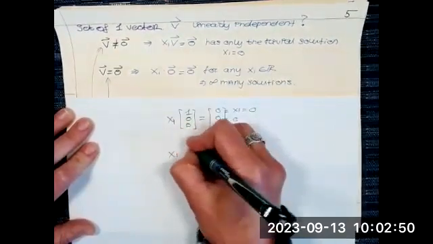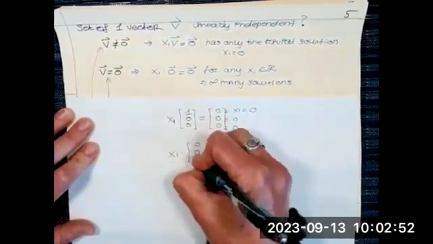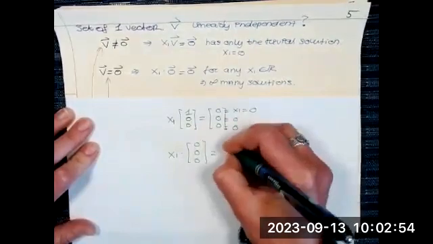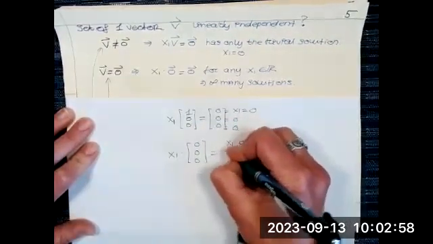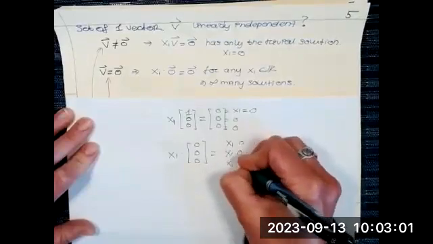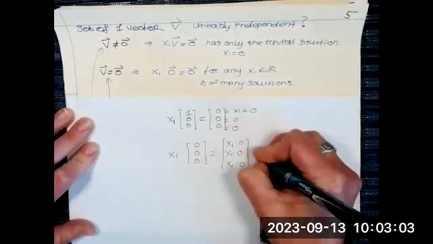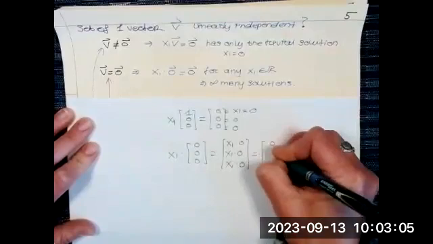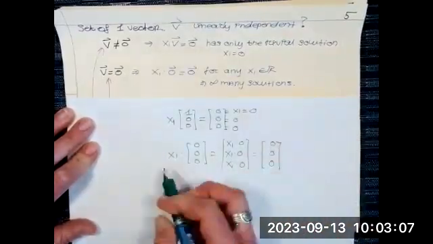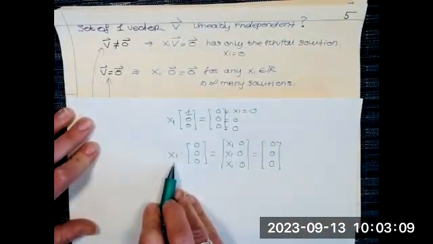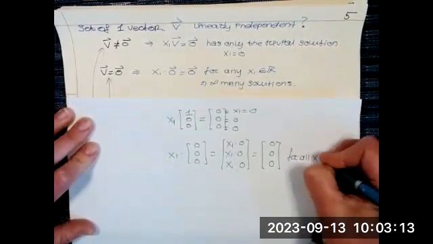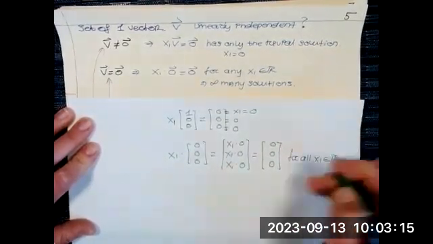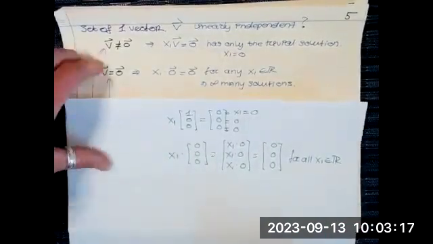If I have x1 multiplied by all zeros, I have x1 times 0, x1 times 0, x1 times 0. This will be equal to 0, 0, 0 regardless of the value of x1, for all real numbers x1. Any number times 0 is 0.